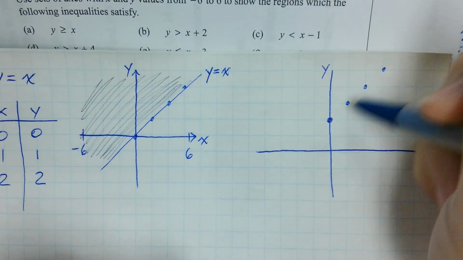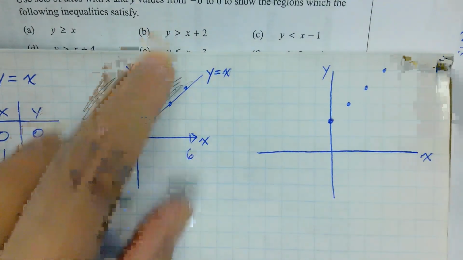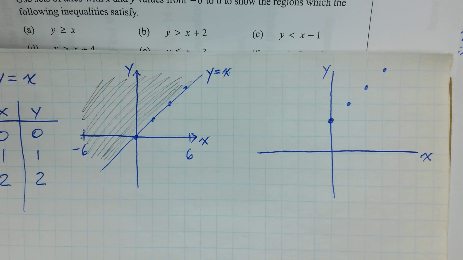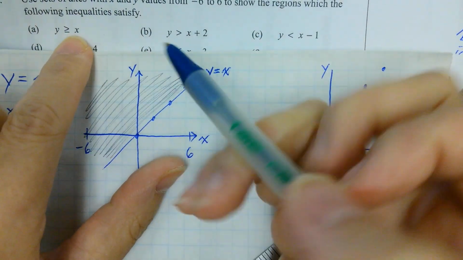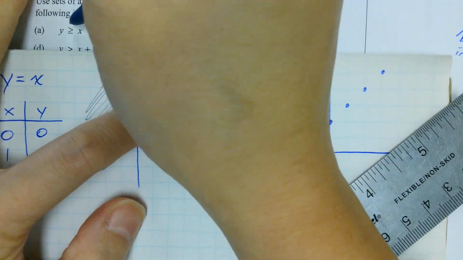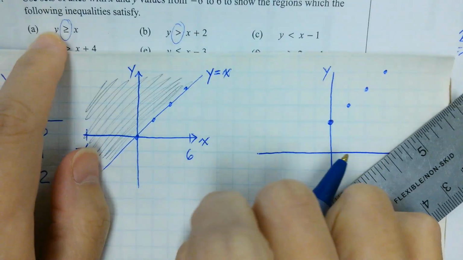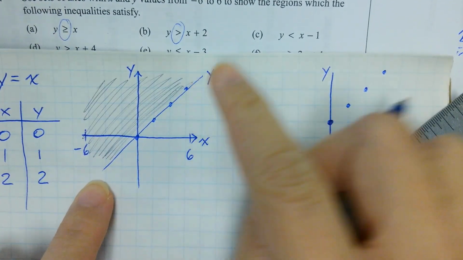Alright, am I going to draw a line now? Dotted line. Why is it a dotted line? Greater than the line. Or equal to, right? So you see the difference between this symbol and this symbol? This means equal to, so I have the solid line.